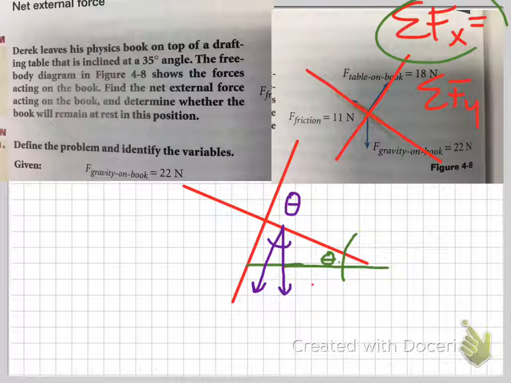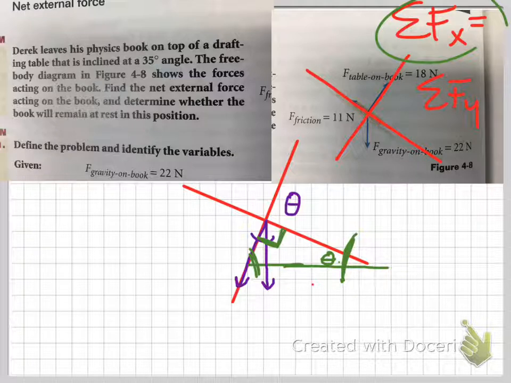Okay, I'm going to move my purple over to right on the axis here. Can we all agree that this is a 90? Okay. So we know that this angle plus this angle also equal 90. Agreed? Wunderbar.